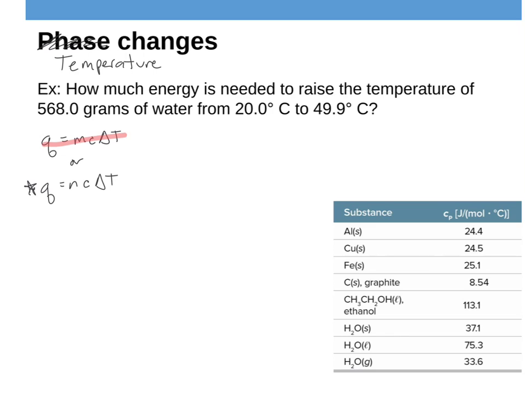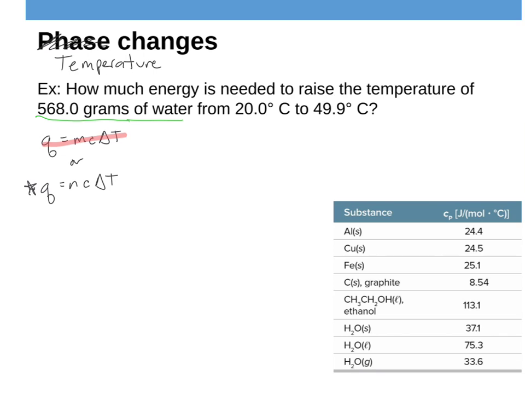Now, if I look at my question, it says that I have 568.0 grams of water. But I just said that I need moles. Because my specific heat is in moles, I need to plug moles in here. And that's not a big problem, right? We know how to convert grams into moles.